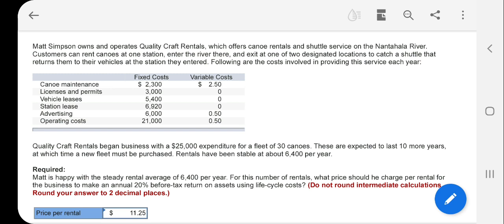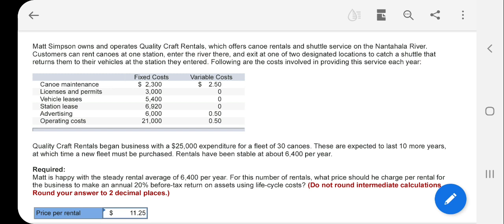So the asset when the business started is $25,000, maybe in terms of equipment, the canoes, the cash, etc.